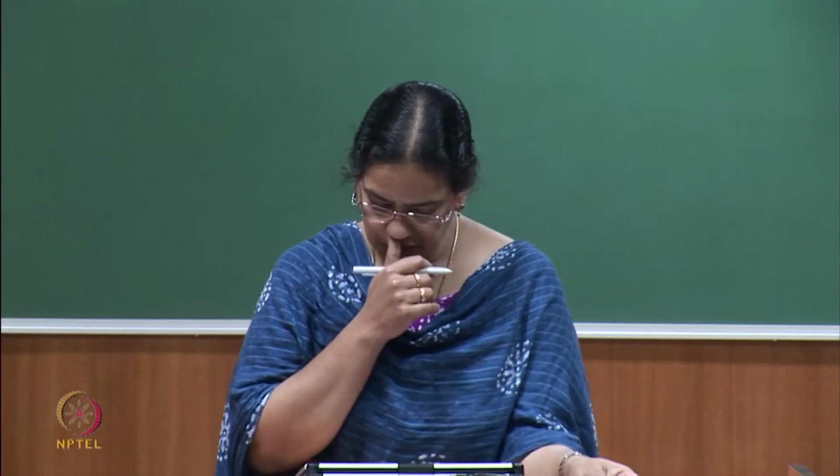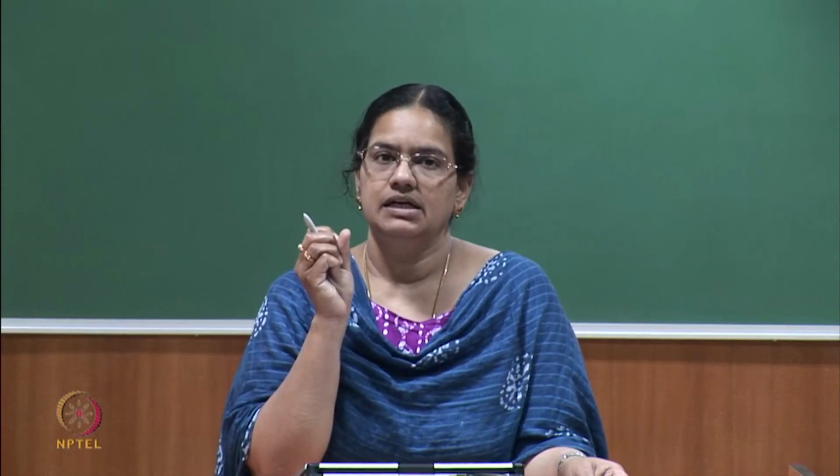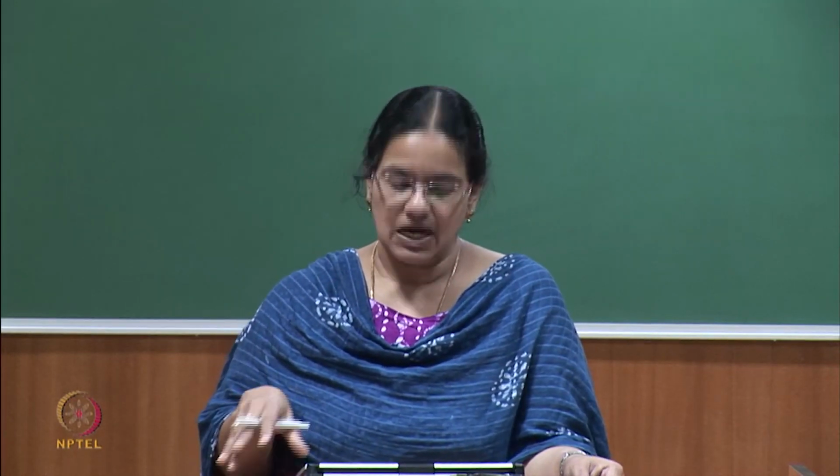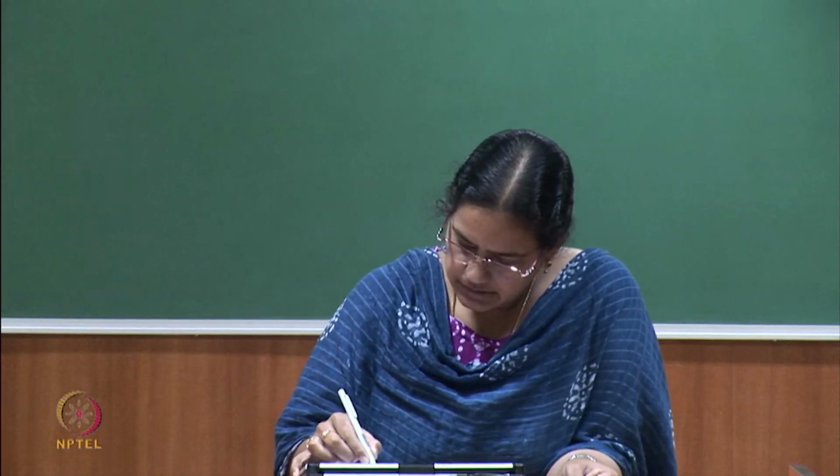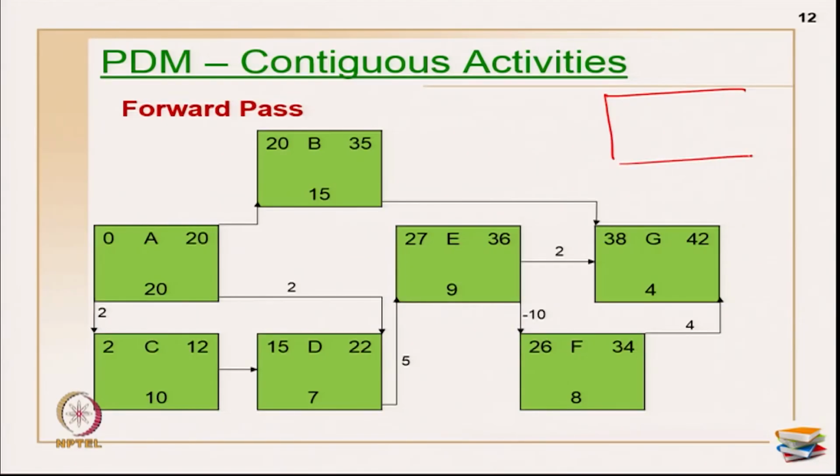One thing you should keep in mind is that in contiguous activity execution, an activity once started has to continue till the end. Here you may have different types of relationships, so you have to take care that the activity is not given a break in the middle. For example, I will just show this.